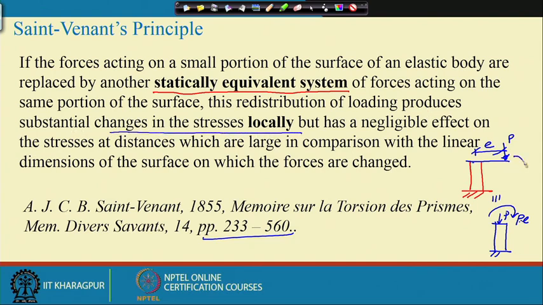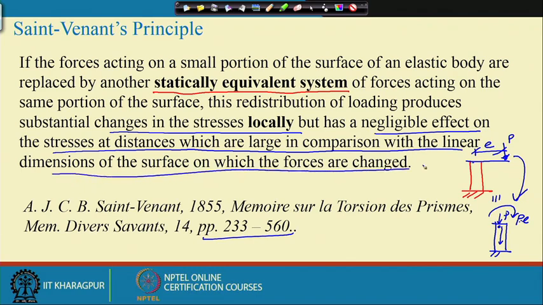When you come from this to this, because it is a statically equivalent system, there will be a change in stresses and deformation locally, but as you move away from this place, this effect will be very small. So, negligible effect on the stresses at a distance which is large in comparison with the linear dimension of the surface on which the forces are changed.